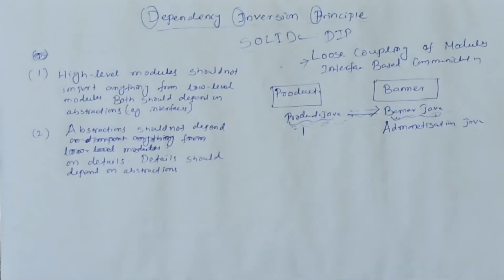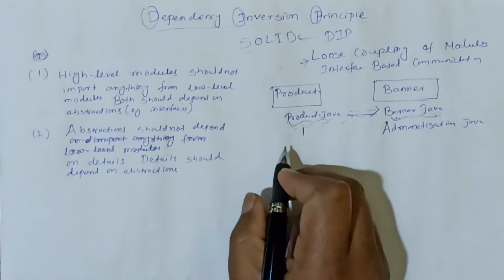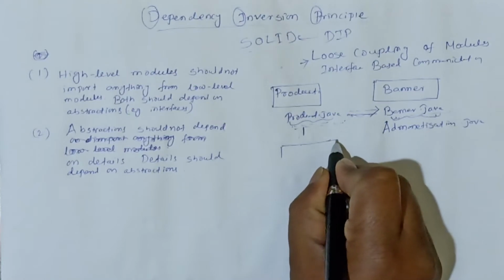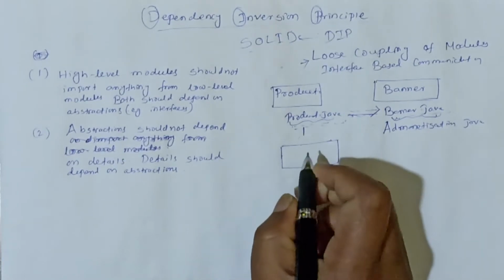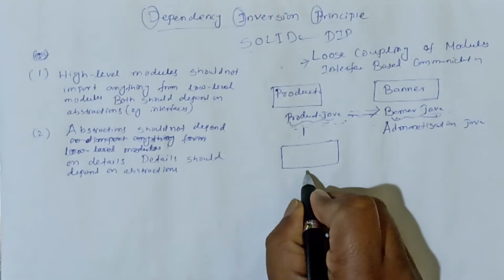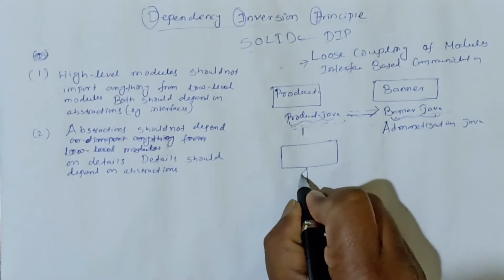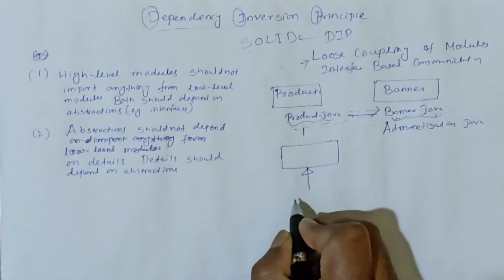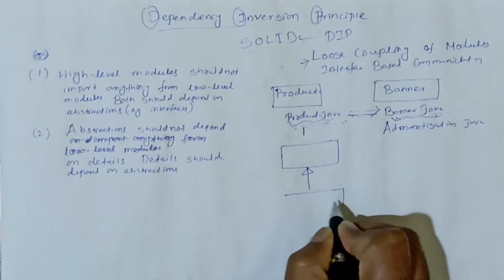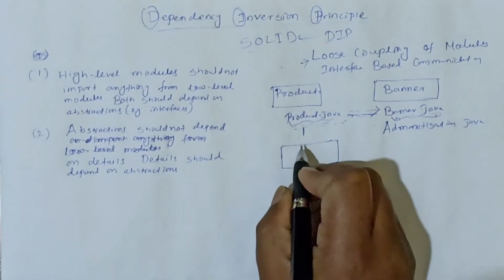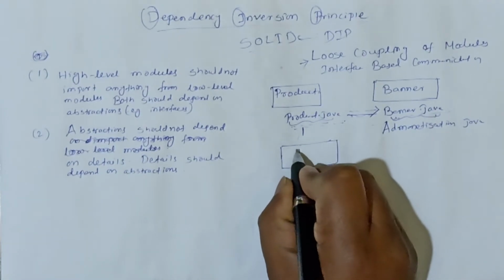Instead of that, it tells us to create one interface. When we say interface, this is the implementation class, and this is the interface.